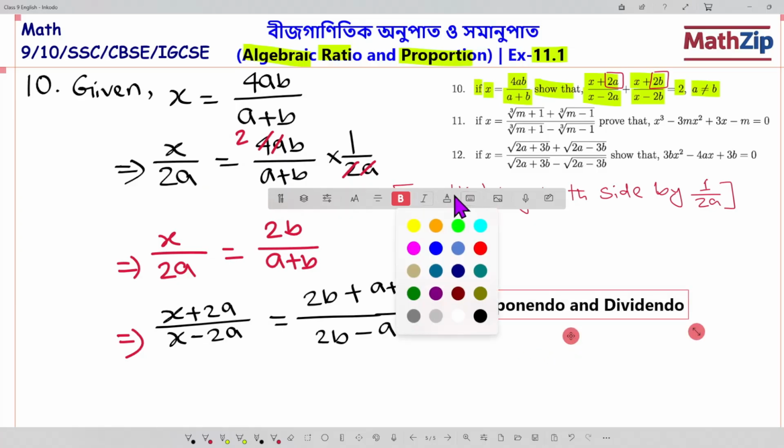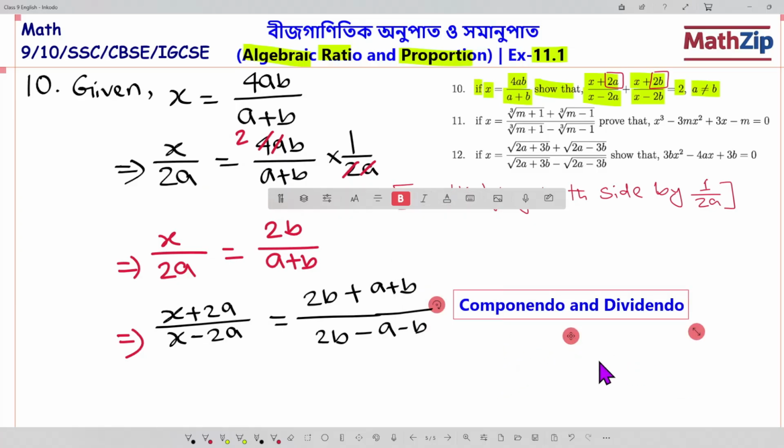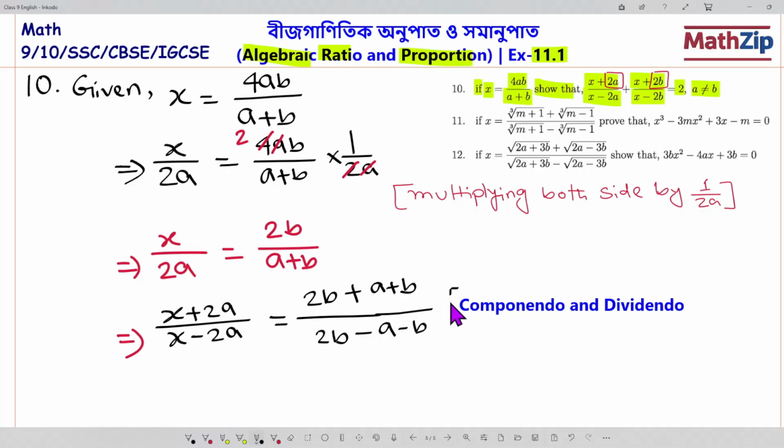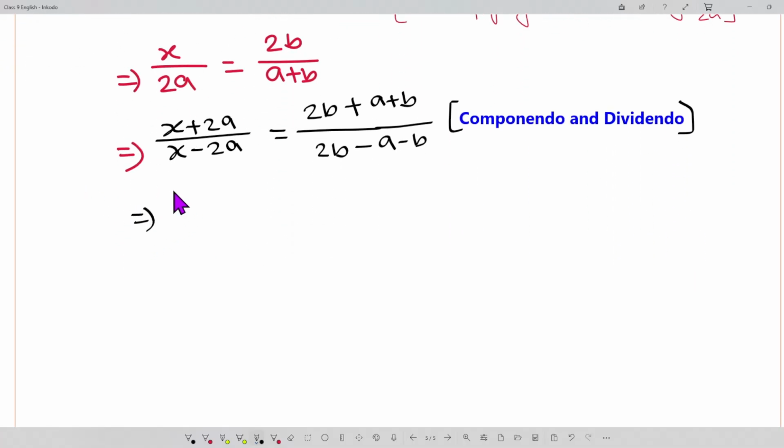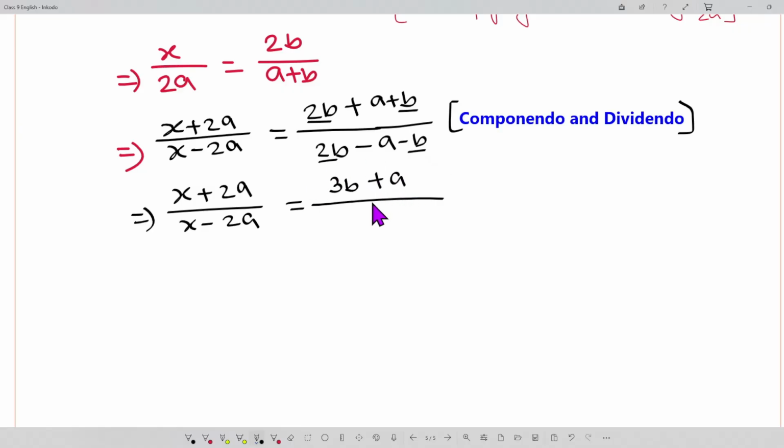Next, x plus 2a divided by x minus 2a equals, 2b plus b will be 3b plus a, 2b minus b will be b, and here is minus a. We can write this as equation 1.